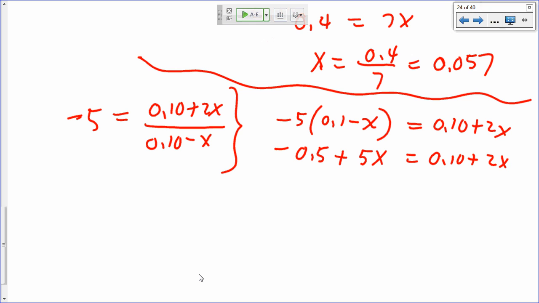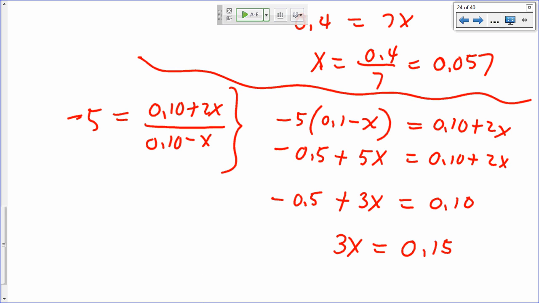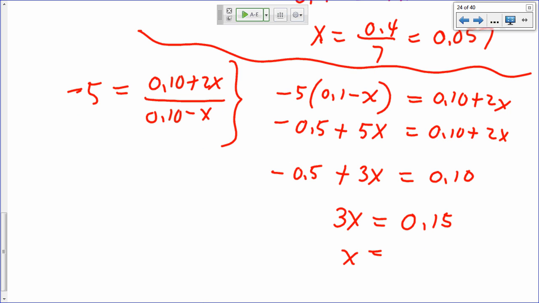You subtract 2x from both sides, so this is negative 0.5 plus 3x equals 0.10. Add 0.5 to both sides, you have 3x equals 0.15. And x equals 0.15 divided by 3 is 0.05. Two possible answers. Am I missing something here? 0.05 is also reasonable, huh?